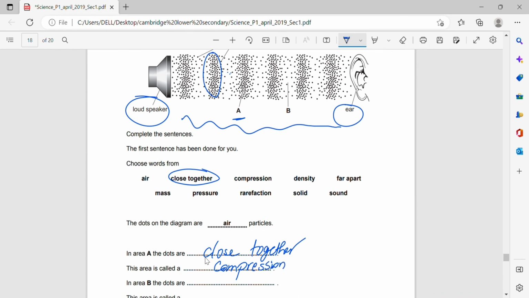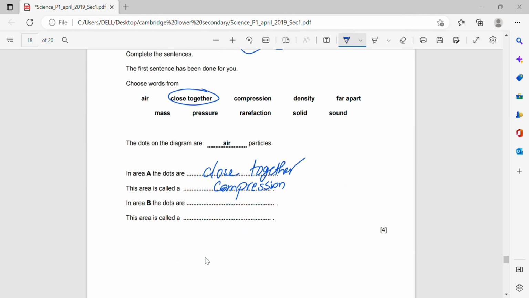Now in area B, the dots are far apart, and this is called rarefaction. Okay, a very easy and guaranteed question.